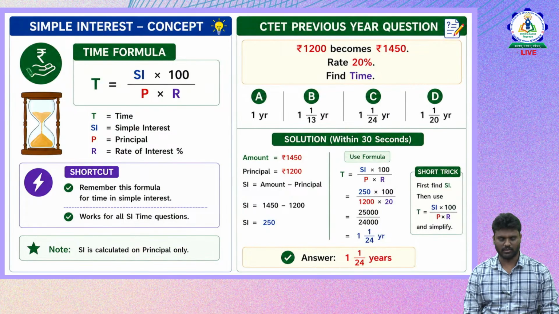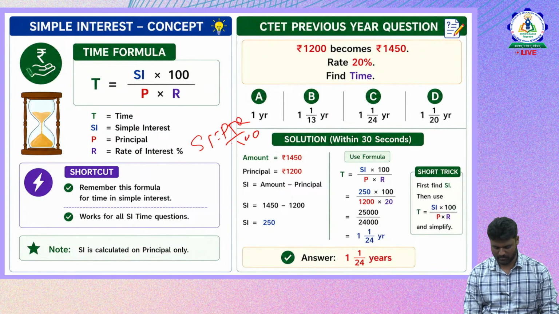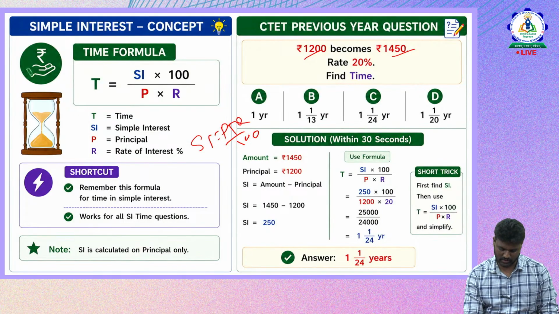We need to identify it. We know the formula SI is equal to PTR by 100. Now what are the values they have given here? SI, the amount, the rate, and the principal amount they have given. We need to identify only the T. So from this formula, how can we identify the T?